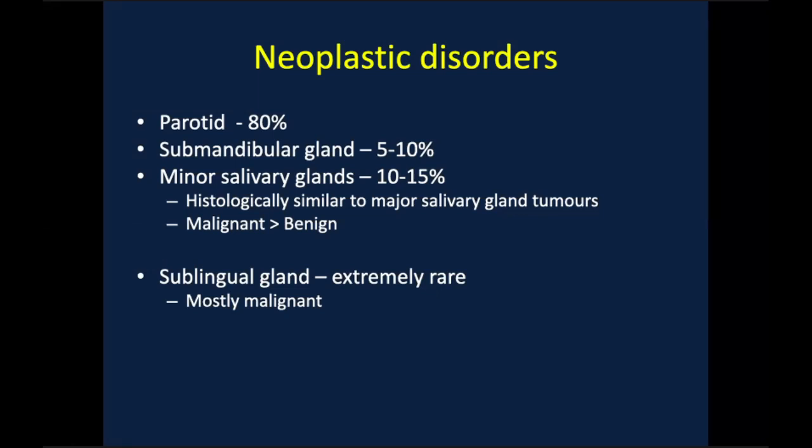But overall, most salivary gland tumors are benign. There are three major glands: parotid, submandibular, and sublingual. Of the three, sublingual gland tumors are very rare. But if they occur, just like the minor gland tumors, they are also mostly malignant. That is what you need to understand about the benign or malignant nature.